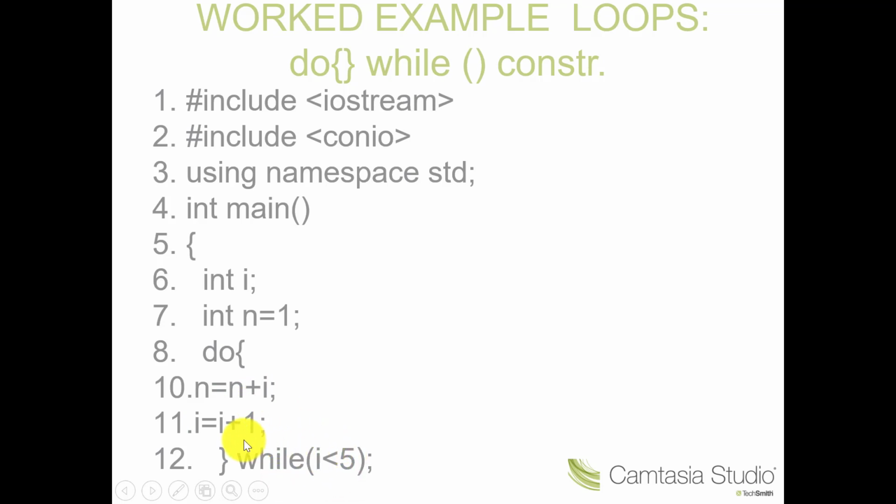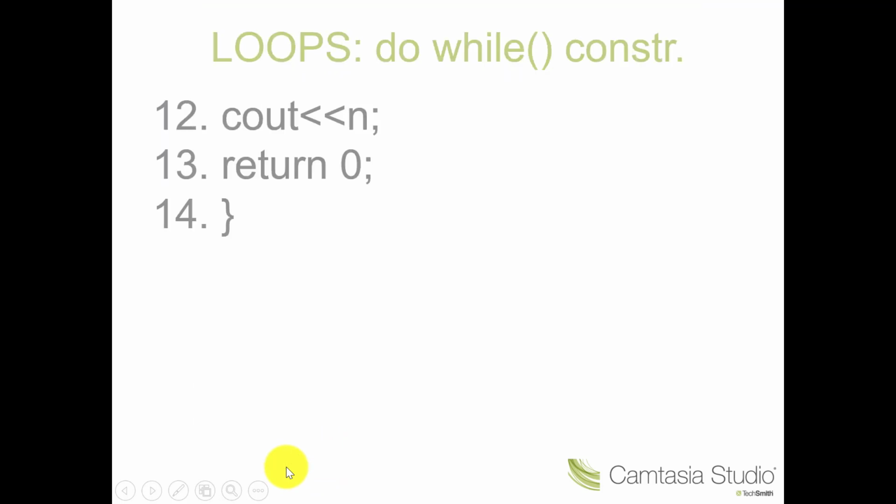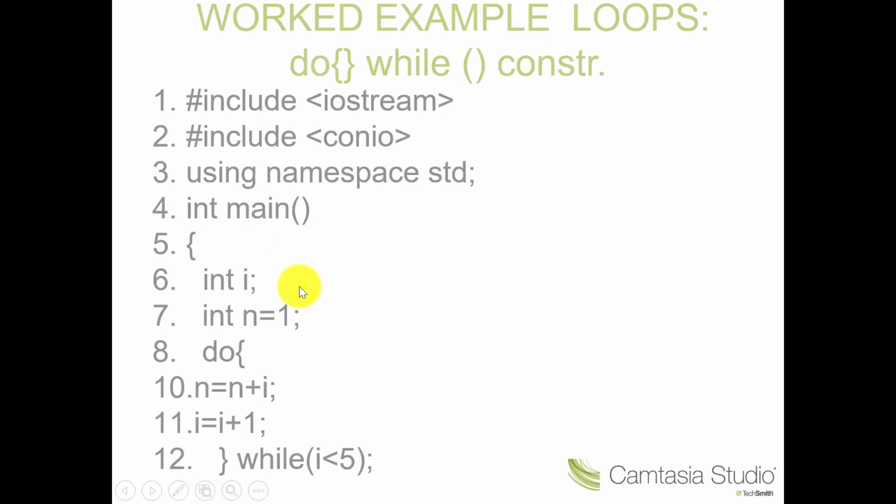So this particular set of instructions will be done at least once, even if the condition is not satisfied. The program ends at these lines where we are going to have the output as usual.